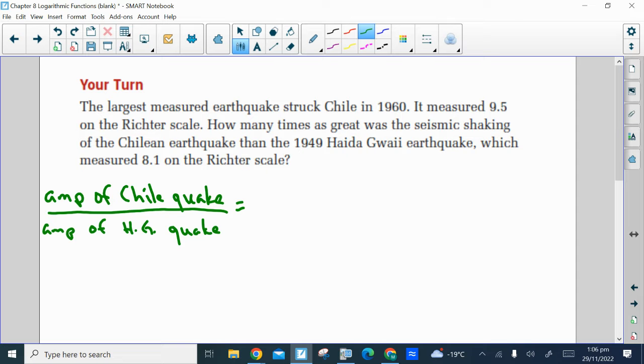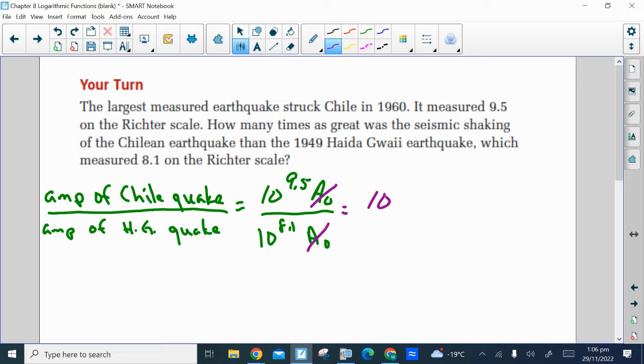And as we saw in the last question, an expression for the amplitude is 10 to the power of whatever the magnitude is times A sub 0. The Chilean quake had a magnitude of 9.5 on the Richter scale. So it'll be 10 to the power 9.5 times A sub 0, divided by the Haida Gwaii quake, which measured 8.1 on the Richter scale. So it'll be 10 to the 8.1 times A sub 0. And we're dividing these two. A sub zeros cancel.